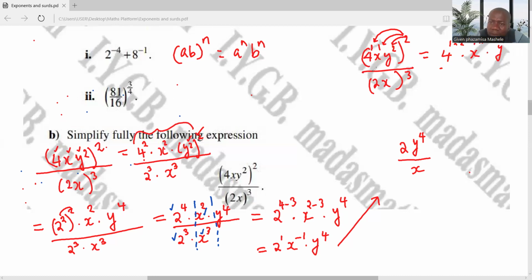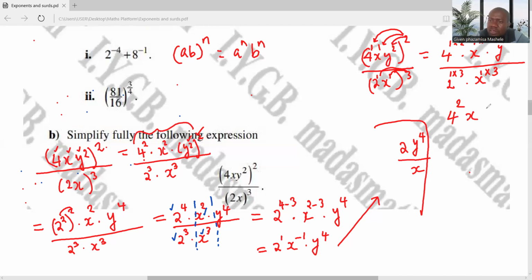Divided by, same applies here, power 1, then we multiply in here. So this will be 2 raised to the power of 1 times 3, times x raised to the power 1 times 3.